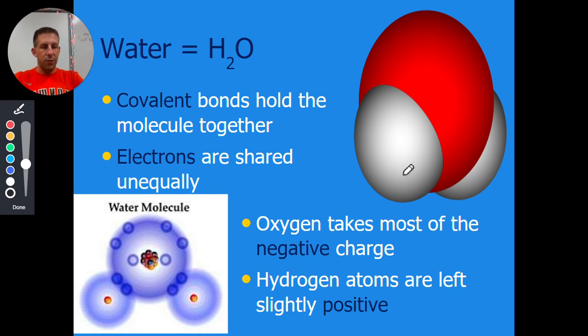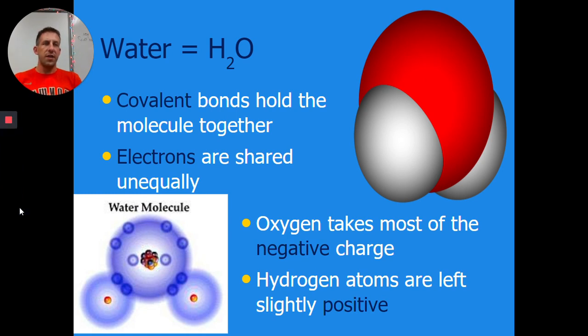Okay? Now, the reason for this is the electronegativity of oxygen, right? The electronegativity of oxygen is much higher than that of hydrogen, so oxygen is going to want to grab those electrons and pull them closer to itself than hydrogen will, okay?